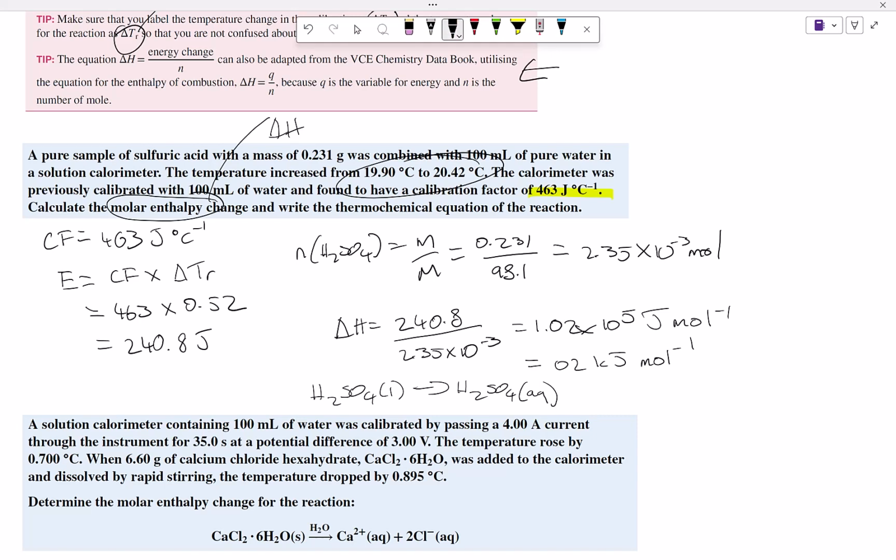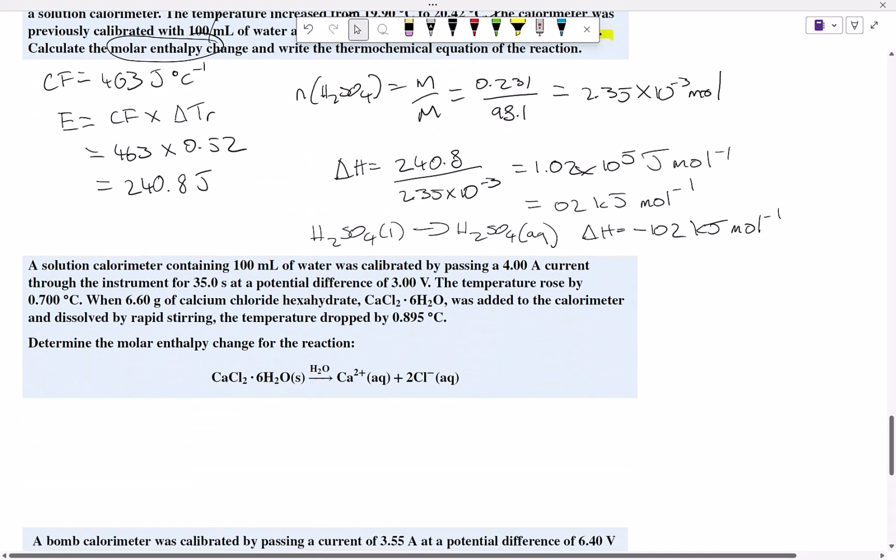Delta H equals 102 kilojoules. Now I think strictly speaking it should be kilojoules per mole. I think Vika might be doing it a little bit differently, but strictly speaking it should be kilojoules per mole there.